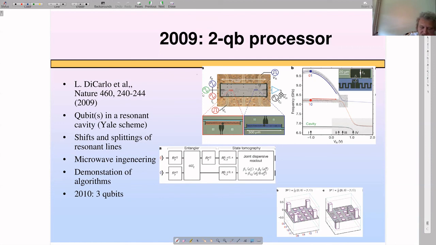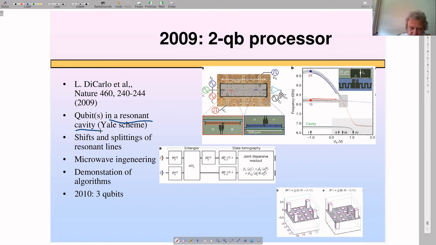The resonant cavity also has the advantage that all other frequencies which are not resonant have difficulty getting into this box, into this resonant cavity.